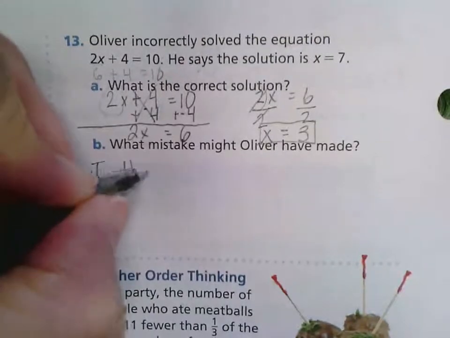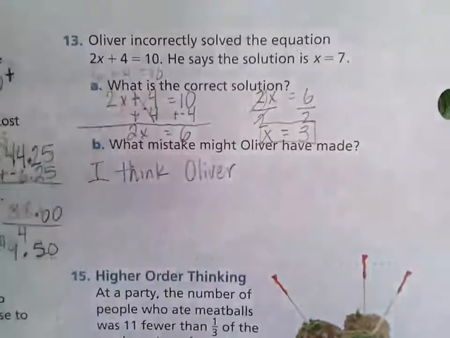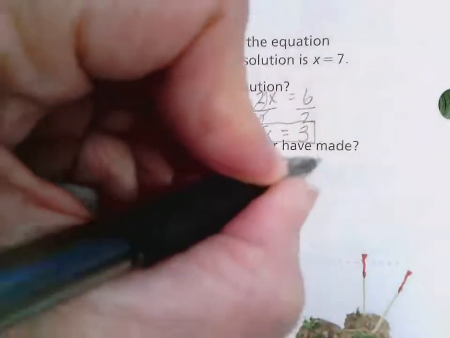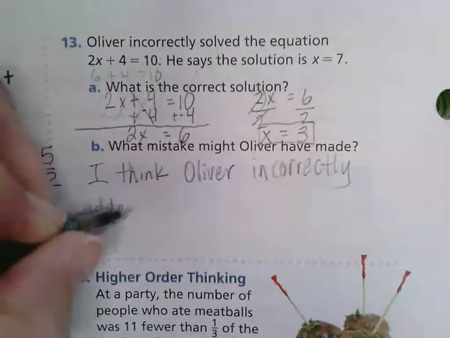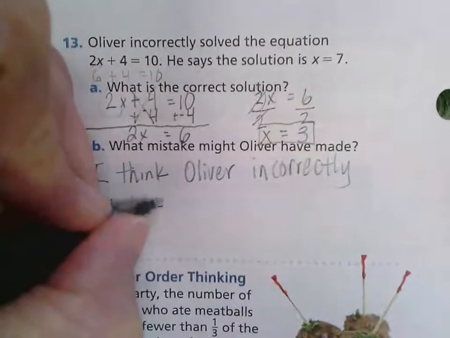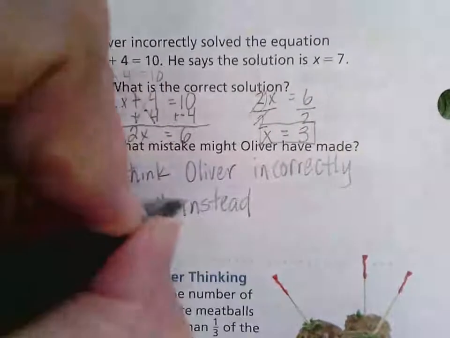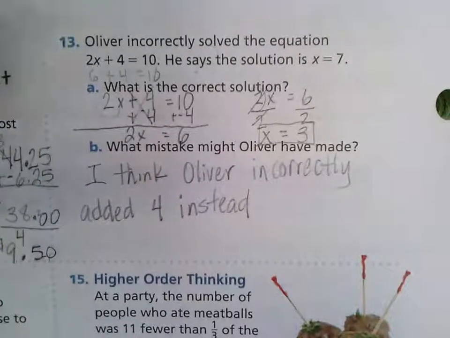So I think Oliver incorrectly added positive 4 instead of, now you can say subtracting 4, or you can say instead of adding negative 4.